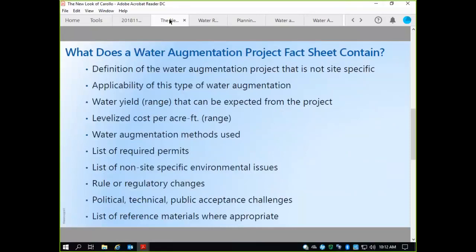It does not go down to site-specific level information, because our sense is that given the size of this project, it's not very practical to go down to a specific site for a brackish desalination project or what have you. But we wanted to focus on furthering the definitions of these if that's what is going to go to the various planning areas, with less emphasis on comparing different projects against each other.